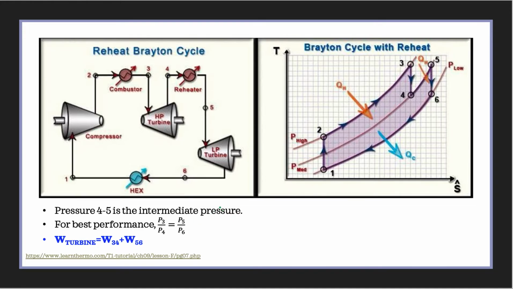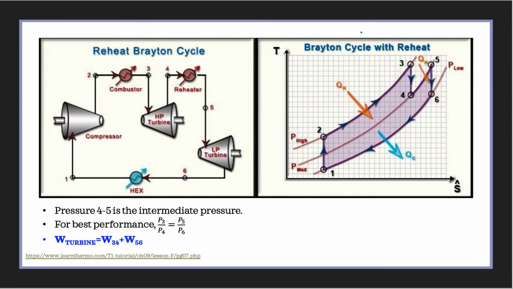And for the best performance, P3 over P4 is equal to P5 over P6, which means the pressure ratio at the HPT is equal to the pressure ratio at the LPT. And for the turbine work, since we have two turbines, we must do a summation of these two turbines.